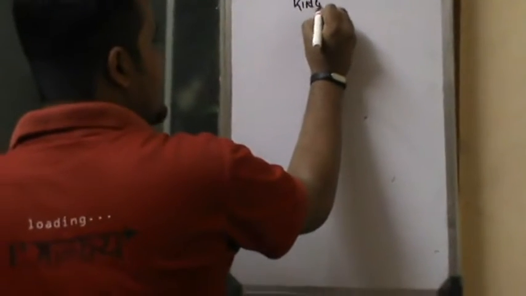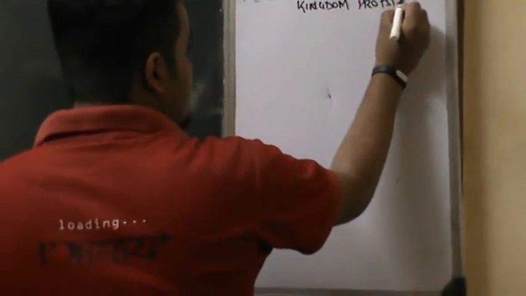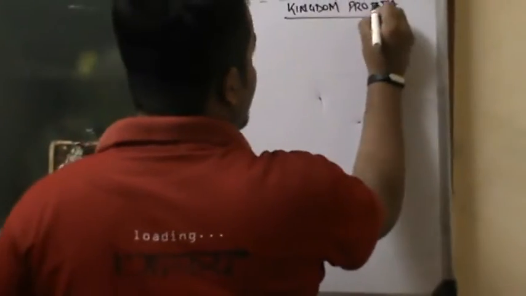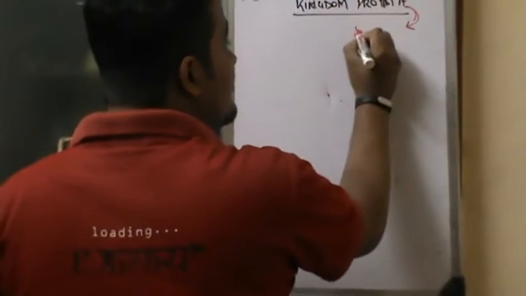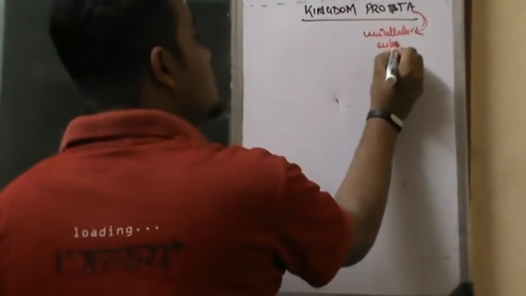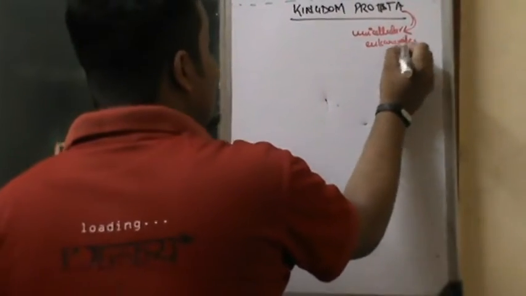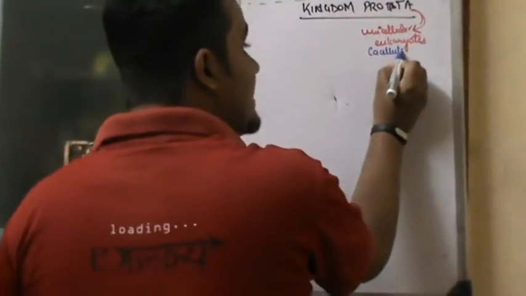The very important chapter we'll discuss is Kingdom Protista from your Chapter 2, Class 11th. Always remember, this is the kingdom of unicellular eukaryotes. NCERT says these are unicellular, but always remember these are also called acellular eukaryotes.